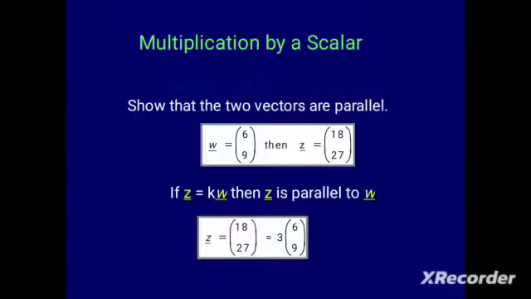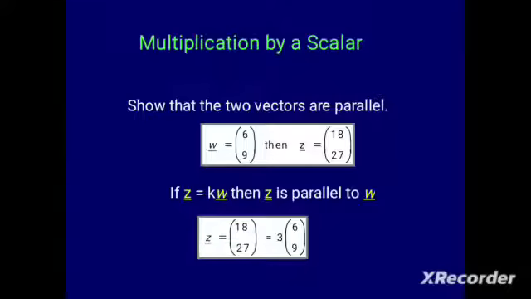This can be illustrated. We have vector z equal to 18, 27, and we are equating it to kw. We can get the value of k, because if you multiply kw, then you'll get 6k, then equate the components.